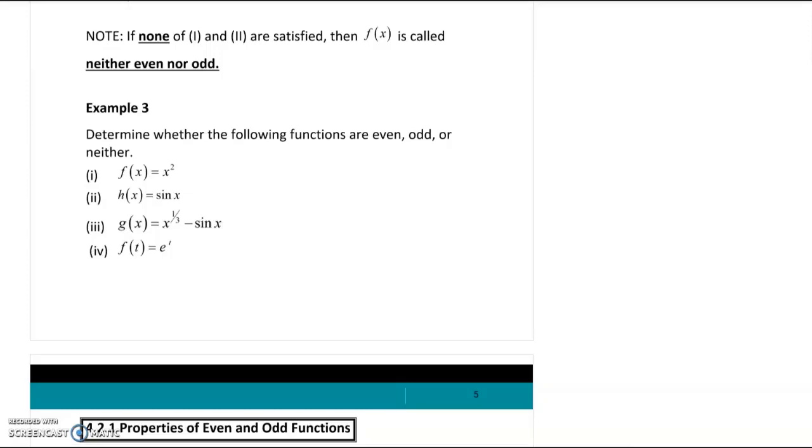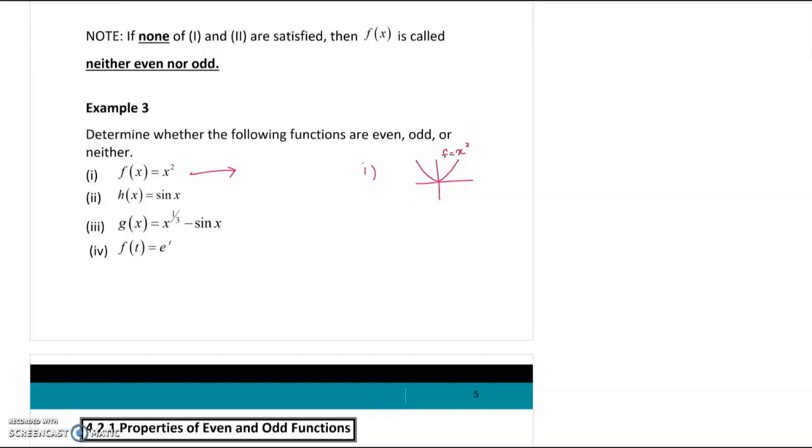Since the function given is a very common one that can easily be sketched, it's just a parabola, or quadratic. So for this one, we might just want to sketch it. So f(x) equals x squared is just like this.